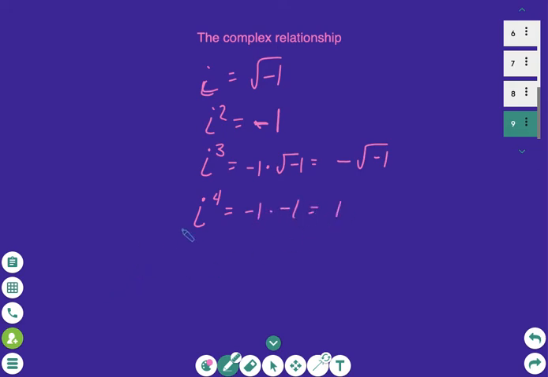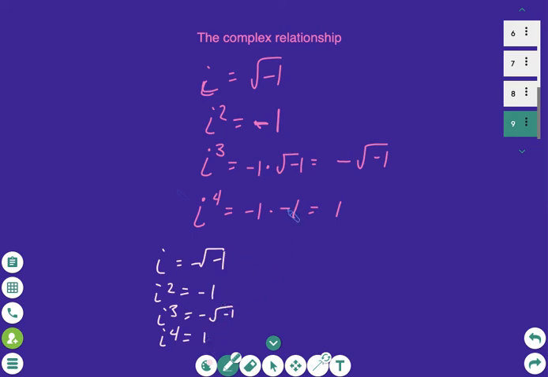So they're looking at this pattern, this idea that i is the square root of -1, i squared is -1, i cubed is negative square root of -1, and i to the 4th is 1.